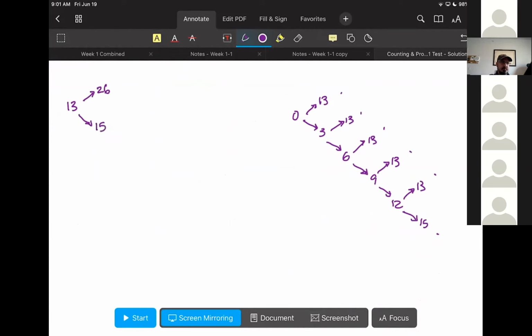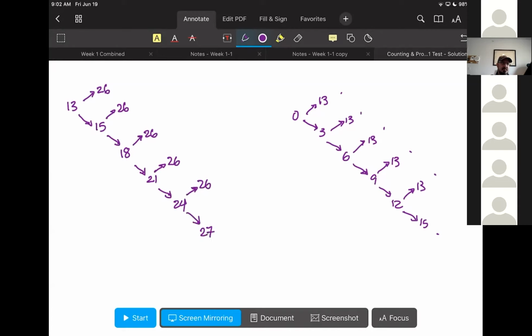Similarly, at 15, I can go directly to 26, or to the next multiple of 3, which is 18. At 18, I can go directly to 26, or to the next multiple of 3, which is 21. At 21, I can go directly to 26, or to 24. And at 24, I could go directly to 26 or to the next multiple of 3, which is 27.